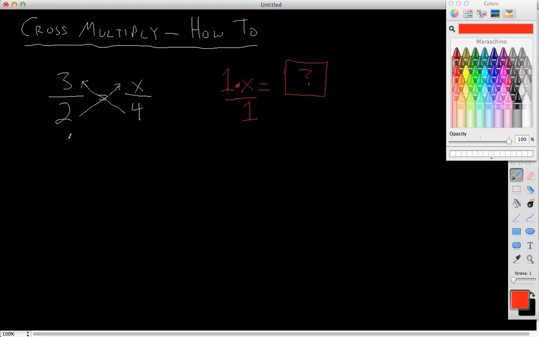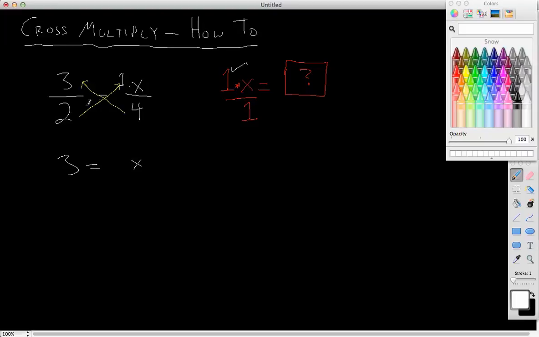And if you look at this current equation, we have a 4 underneath here, so this 1 is not here. And if you look here, we actually do have this invisible 1 in front of here. So this here is perfect for our equation, but this 4 has got to move. Okay, now if we bring the 2 up and across here, imagine I cross multiplied the way that lots of students do.